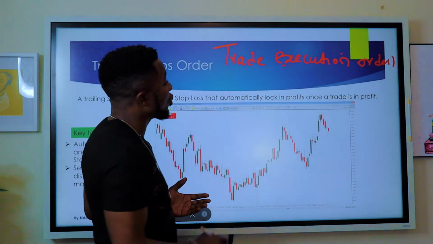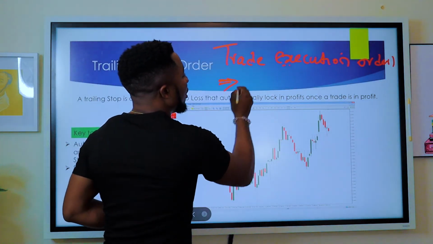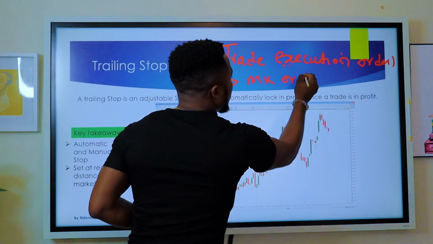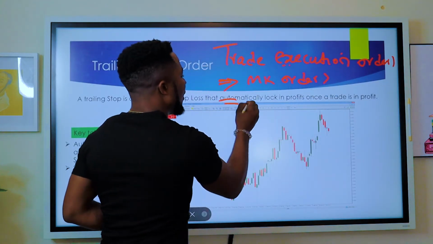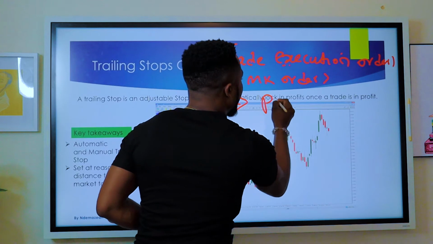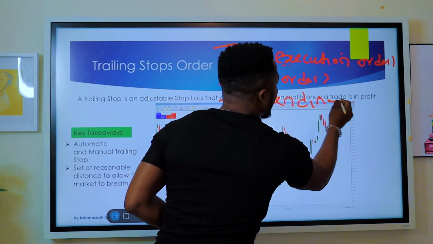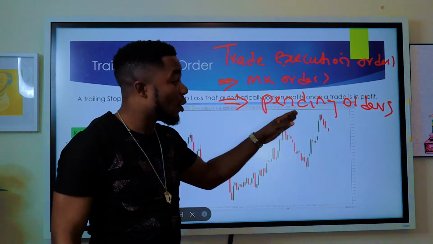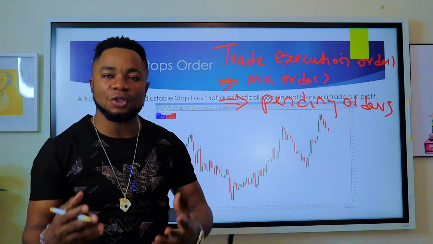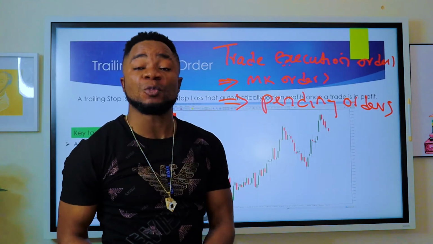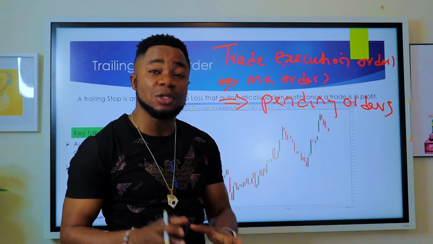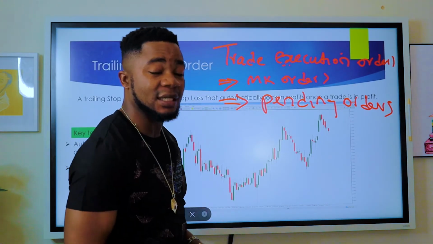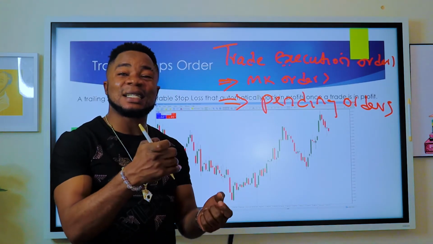Under trade execution orders, you have market orders, and you also have pending orders. So you have either market orders or pending orders. They are trade execution orders, because you use them to execute the trade. You use them to place the trade in the market. They are like the triggers.